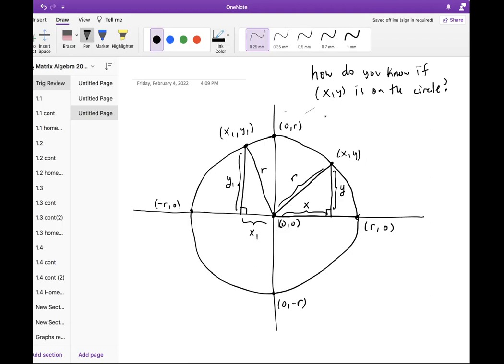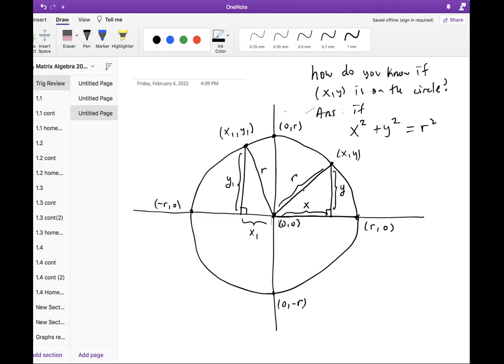So the answer: if it satisfies the Pythagorean theorem. For every single point, you can always draw a right triangle, and we know by the Pythagorean theorem that x squared plus y squared is equal to r squared.